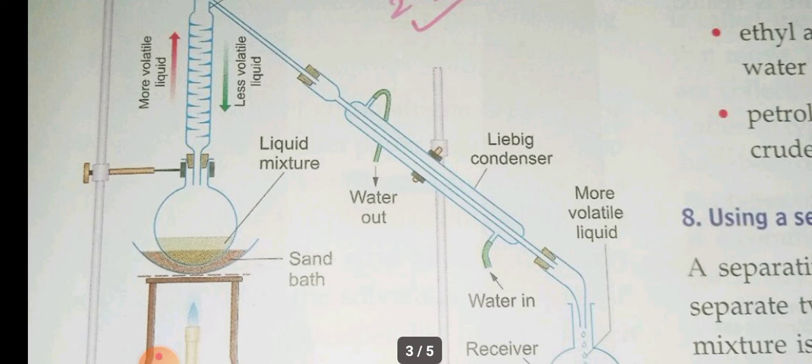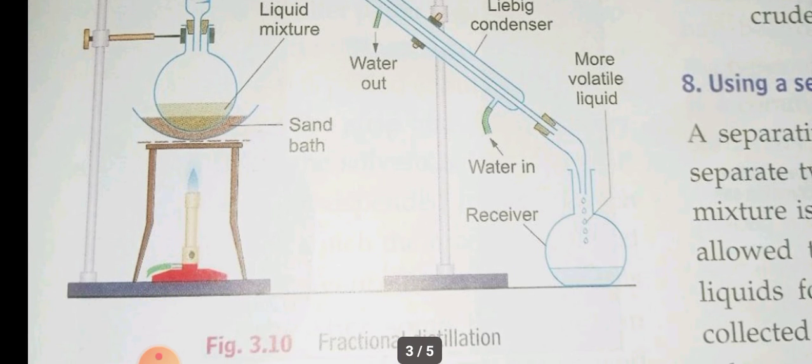Surrounding that narrow tube is a wide glass tube, where cool water is sent in, and the cool water makes the hot vapor condense, and the vapor is converted into liquid, and the liquid is collected in the receiver, which is kept below the Liebig condenser.